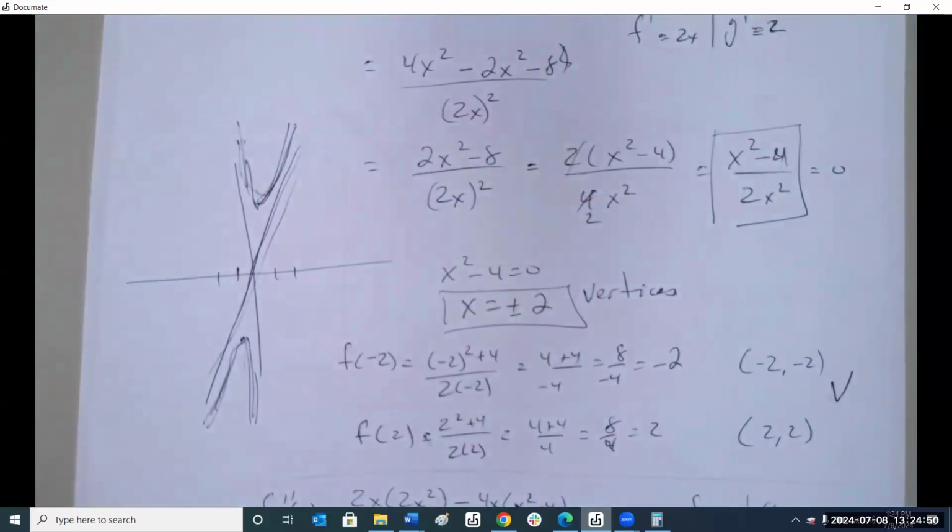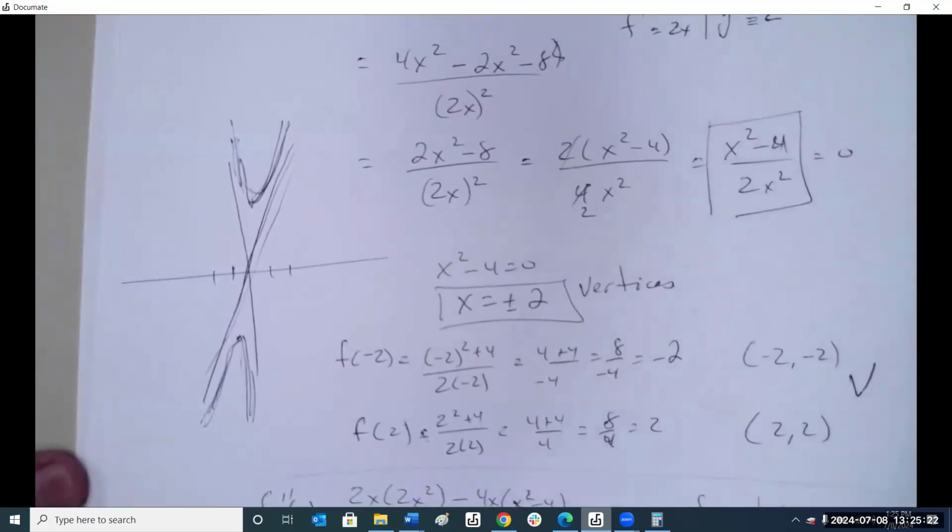That's what the graph looks like. Okay, it will take practice. I mean, watching me do it is one thing, but I strongly suggest that after class today, you look at those again.